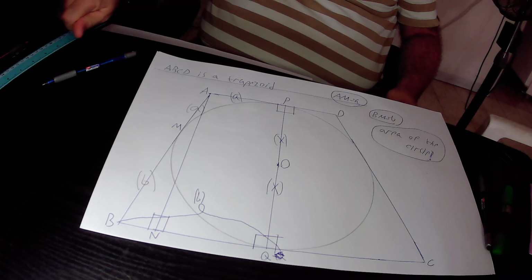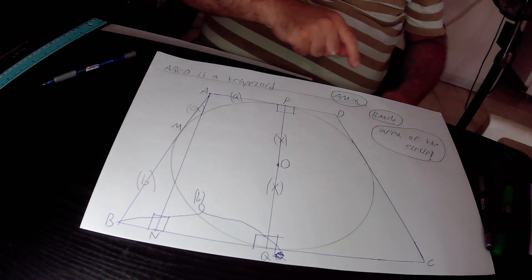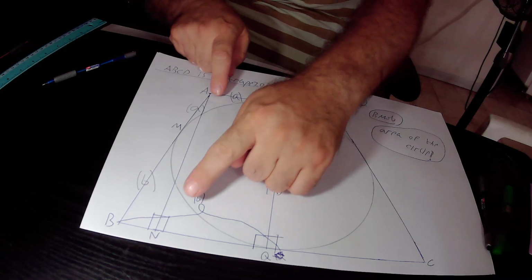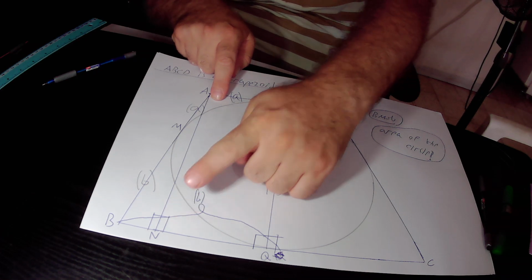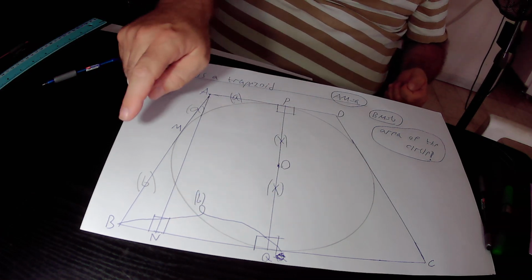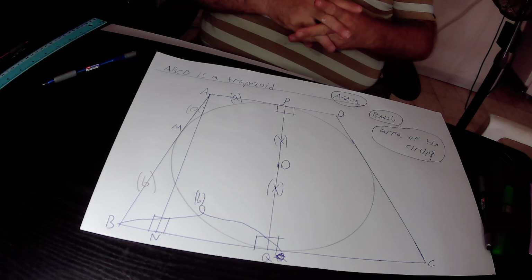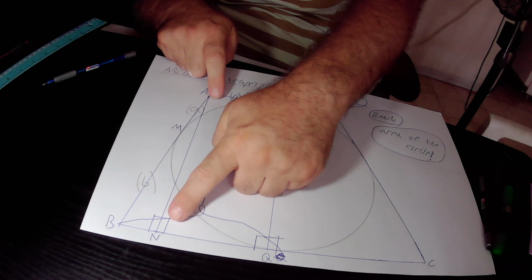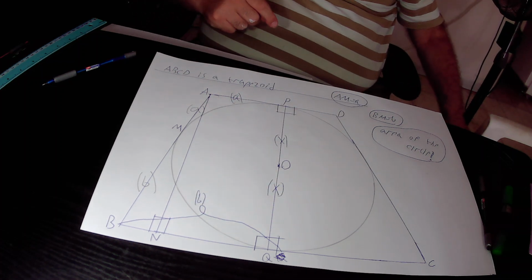In this trapezoid ABCD, side AD is parallel to side BC. So those two angles are both one-sided interior angles located between the parallels AD and BC, and therefore according to rule 17, the sum of those two one-sided interior angles must be equal to 180 degrees. So I repeat quickly rule 17.